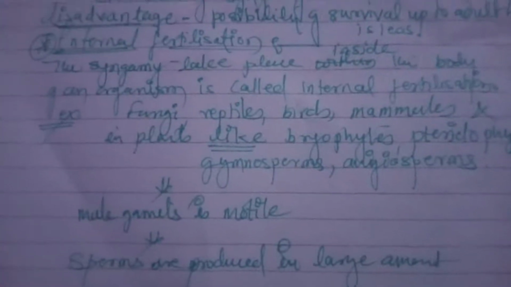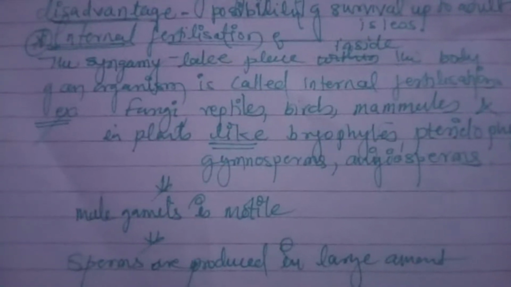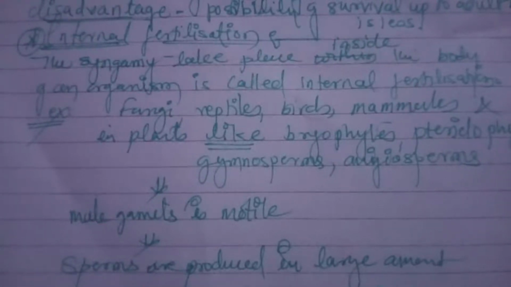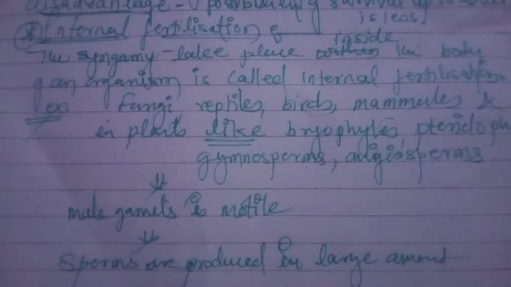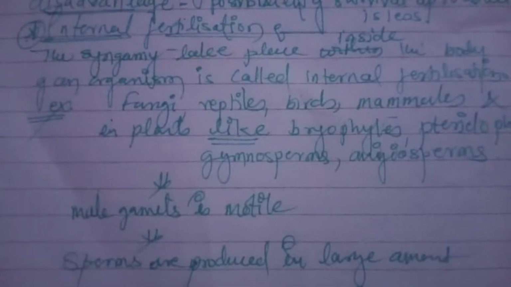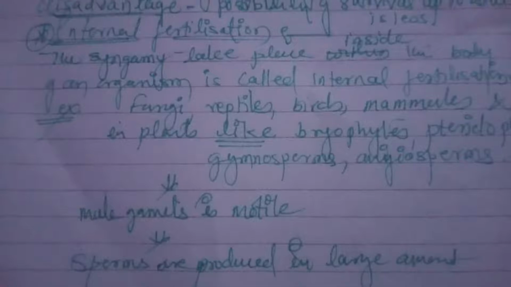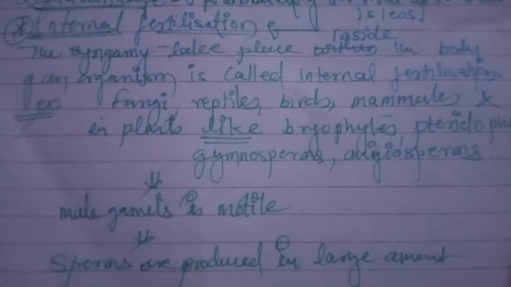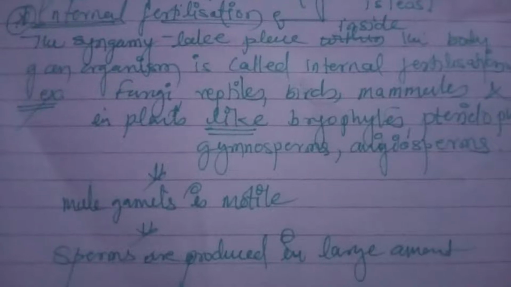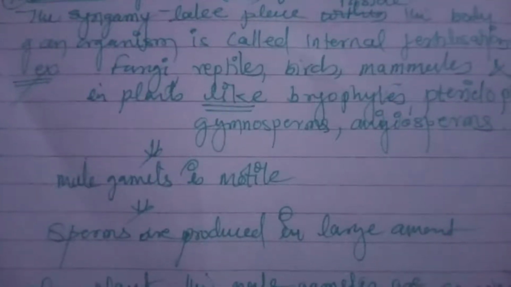Okay. When we study internal fertilization, we study the two types of gametes. In internal fertilization, the fertilization takes place within the female organism's body. Now here, the male gamete is motile, and the sperms are produced in a large number.